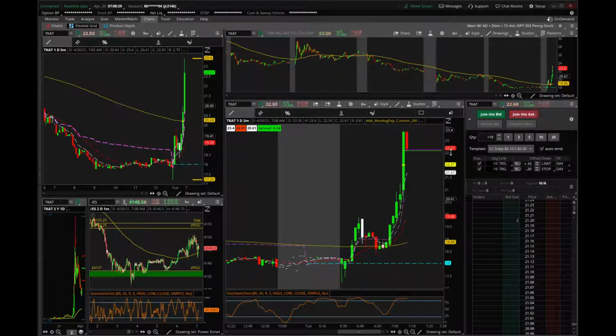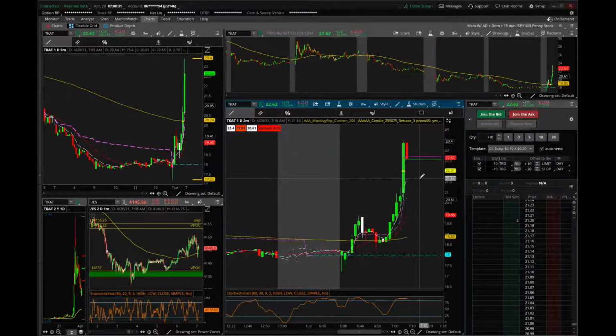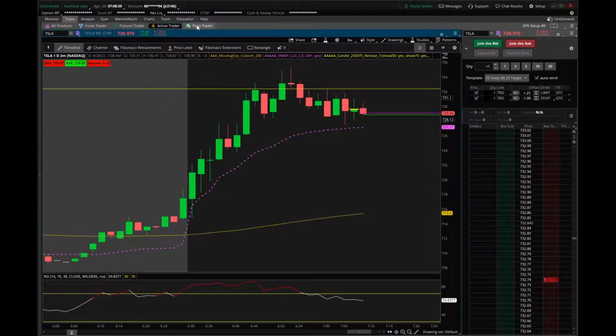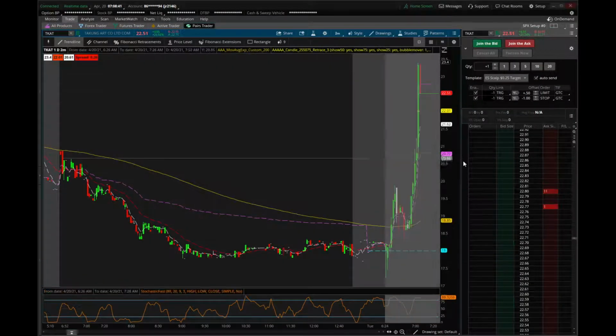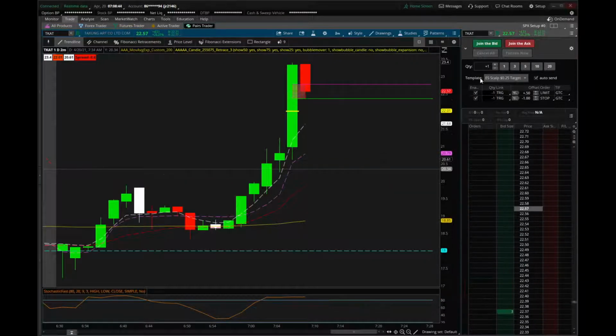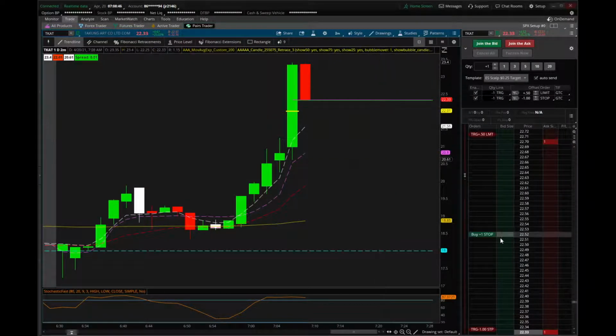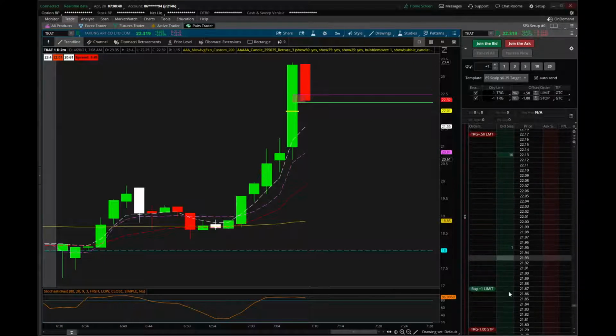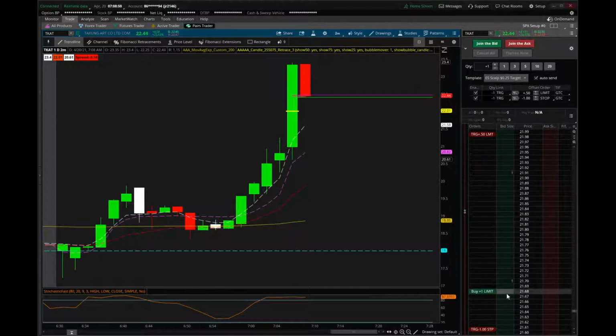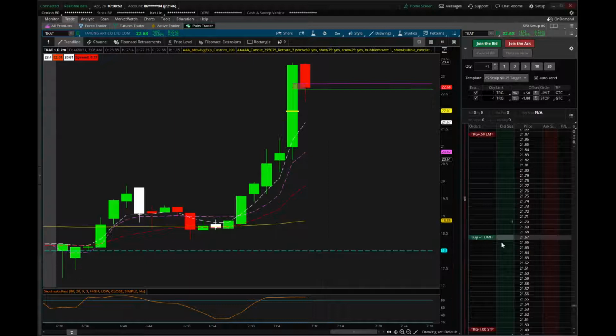Now the problem with this is it's wide, it's spready, so you've got to be careful. This is something I'd rather come over here and play this game with, maybe 2150, 2160.